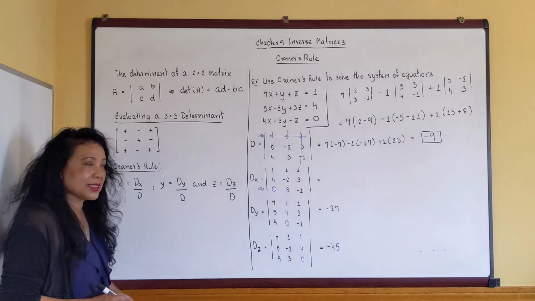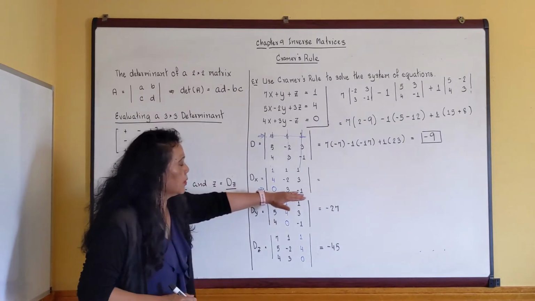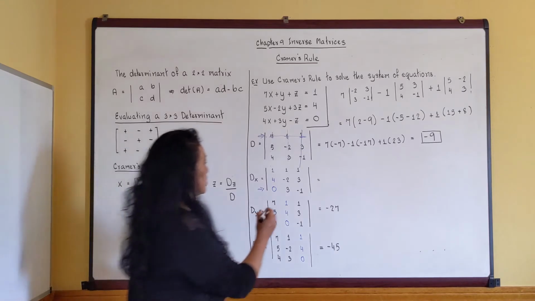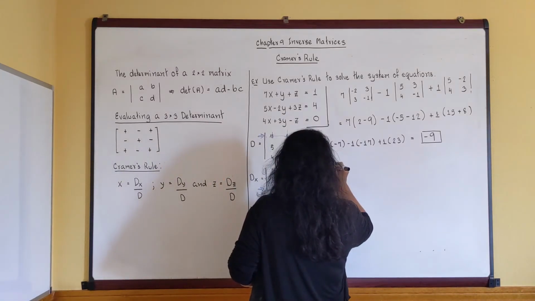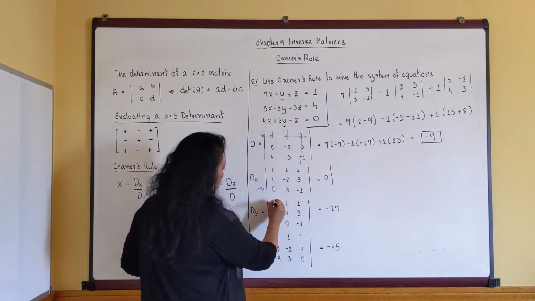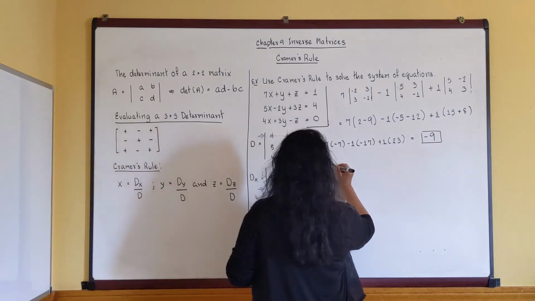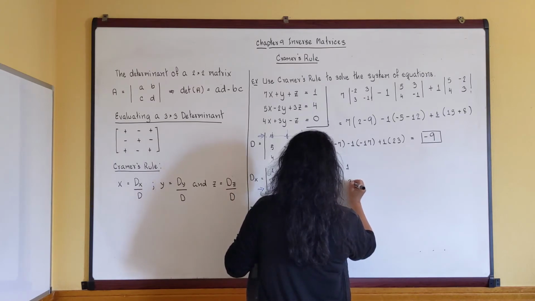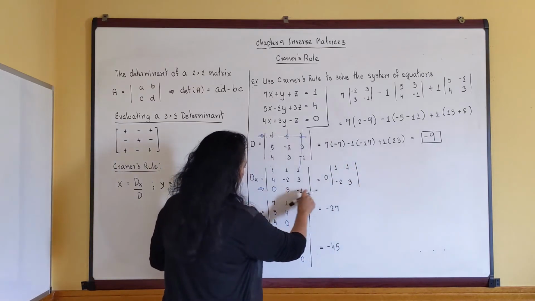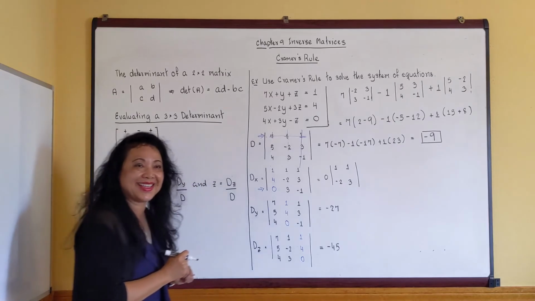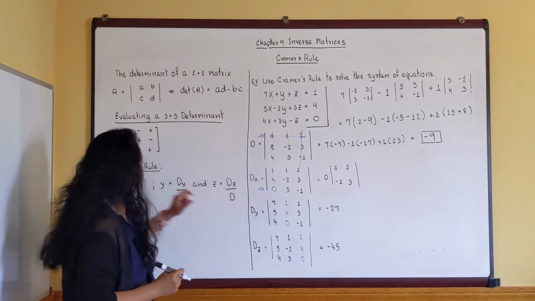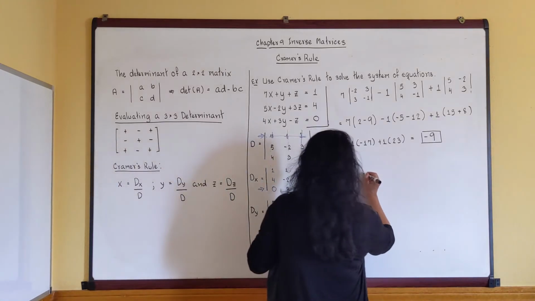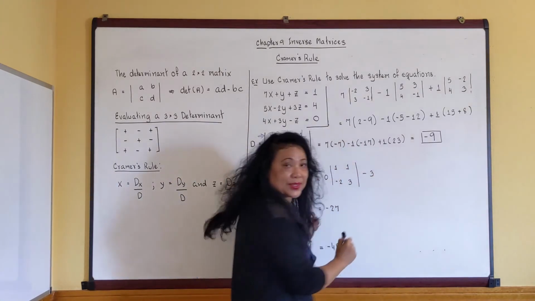So let's practice one more. I pick the third row. The first position is plus, so I'm going to have 0. If you cross out 0, you're left with 1, 1, negative 2, 3. The next one is 3. The position is negative, so you're going to have negative, and the number itself, which is 3.